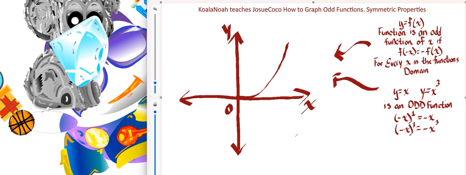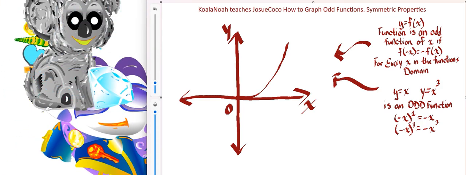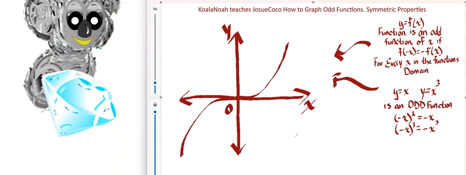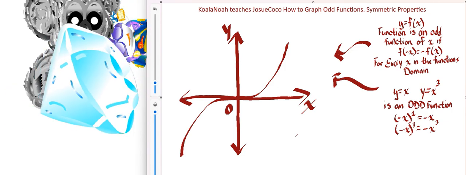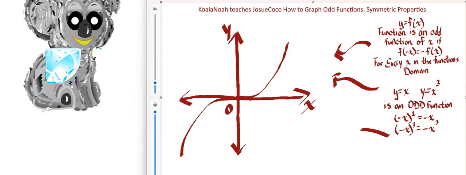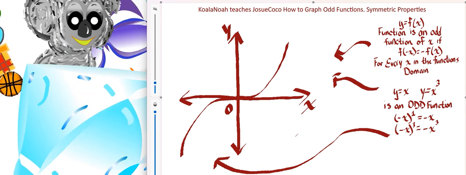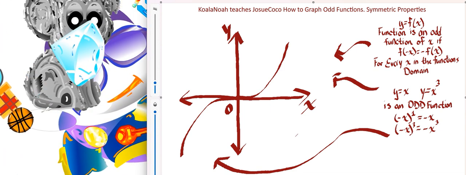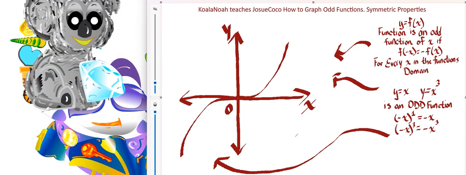So we have a curved line in our first quadrant curving upwards to infinity. Next we have the same line crossing the origin, curving downwards to negative infinity.